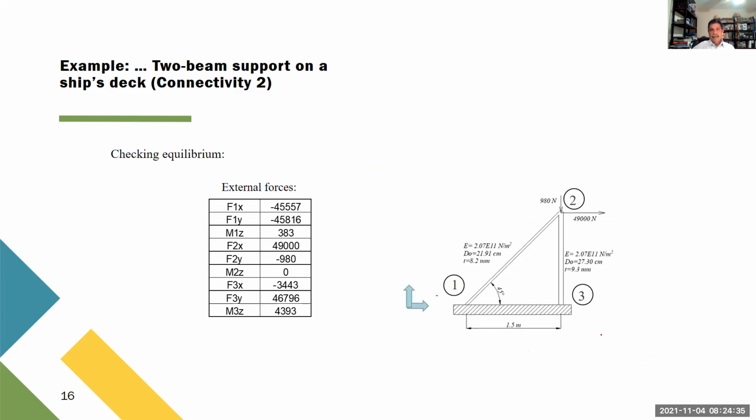Well, in this case, it's a good idea to check the equilibrium. I'm using the connectivity too. So I have these 3. These are the external forces applied here that we know, and these are also reactions in the other joint, which is clamped here.